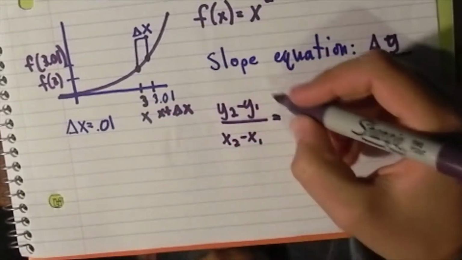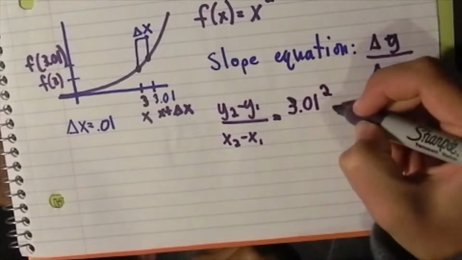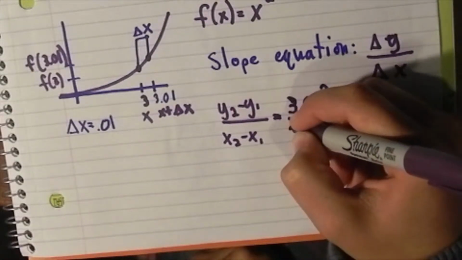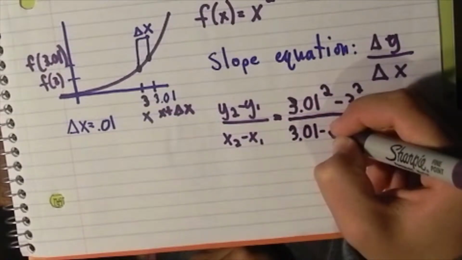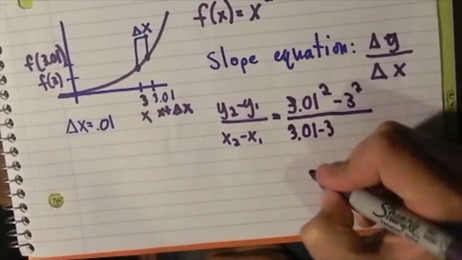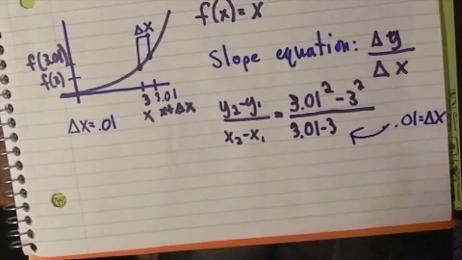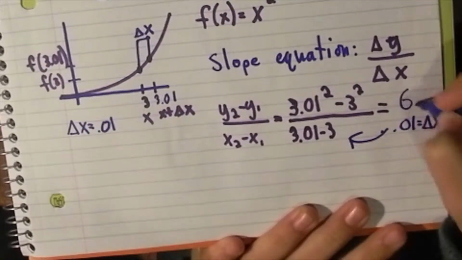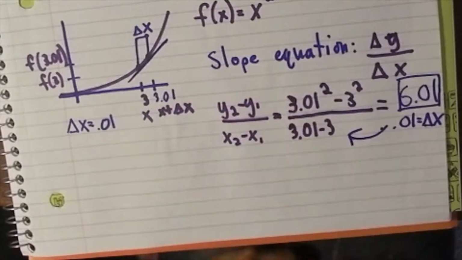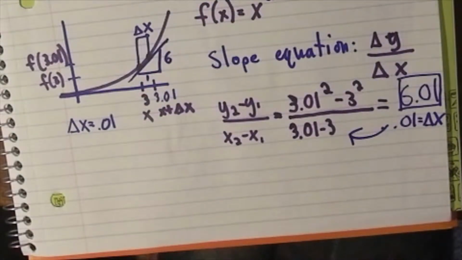According to this specific function, y2 is 3.01 squared and y1 is 3 squared, all over the x's, which is 3.01 minus 3. Now when you do out the math, you realize the bottom is just equal to 0.01, which is our delta x. If you do all the math out, you come to 6.01. That would be the slope of the secant line between these 2 points, 6 over 1.